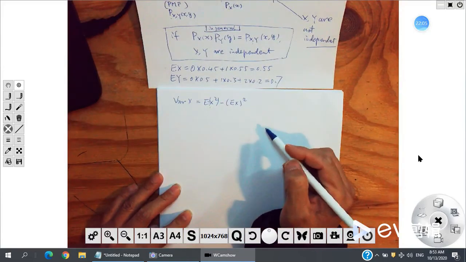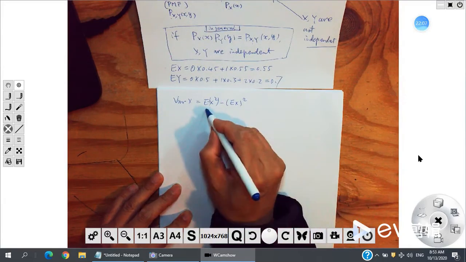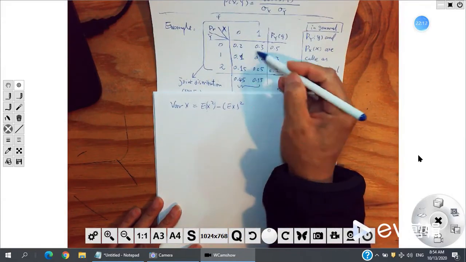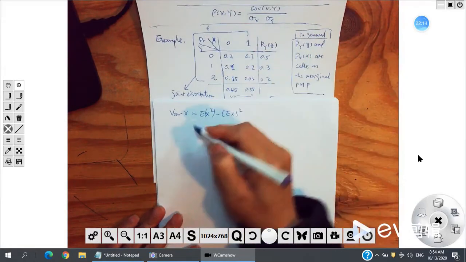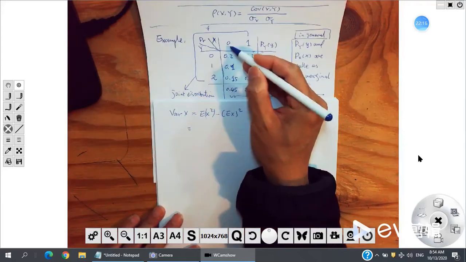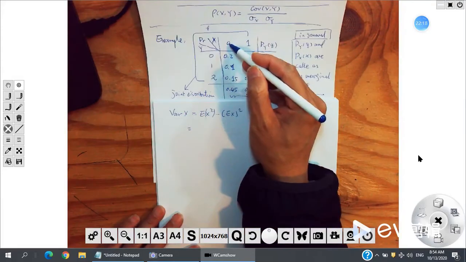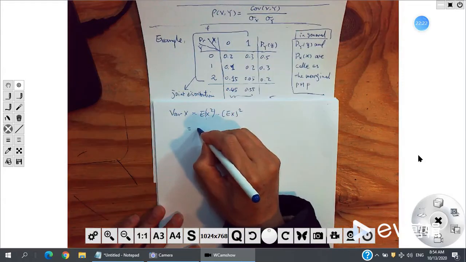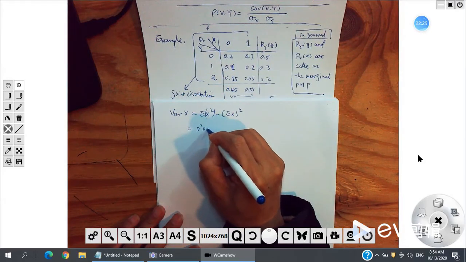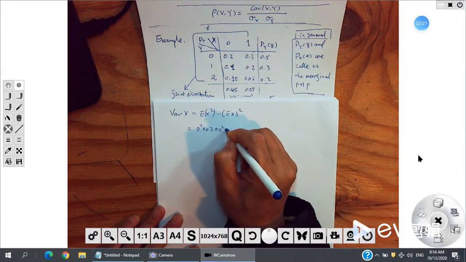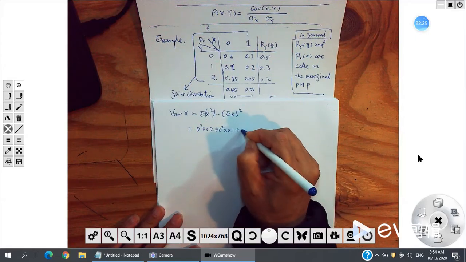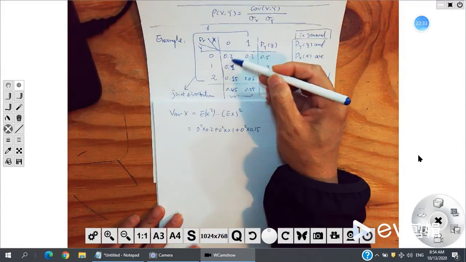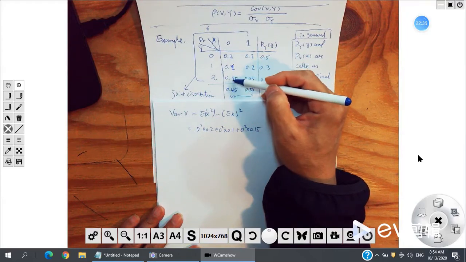We can also do it in a different way. We can use the joint distribution to find it. So we can calculate this for X, right? When X is 0, we have these three things. So I can write 0 squared times 0.2 plus 0 squared times 0.1 plus 0 squared times 0.15.